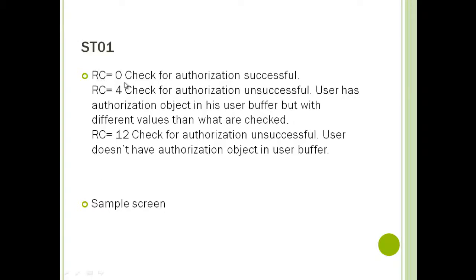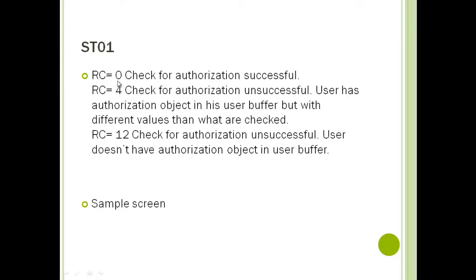Return code 0 means this authorization is successful. Return code 4 means this authorization is unsuccessful, they don't have this authorization, but the user has this object in the buffer, maybe with a different value. And return code 12 means it's also unsuccessful, the user does not have this authorization object in the buffer.